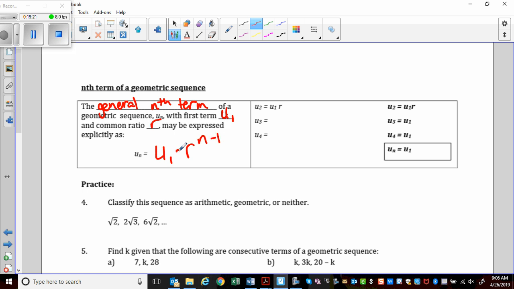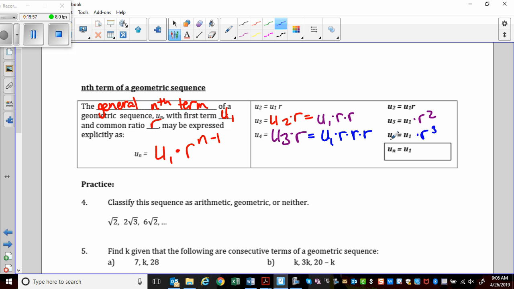So we need the term before. u sub 2 is u sub 1 times r. u sub 3 is u sub 2 times r, which is u sub 1 times r times r, which is u sub 1 times r squared. u sub 4 is u sub 3 times r, which is u sub 1 times r times r times r, which is u sub 1 times r cubed.